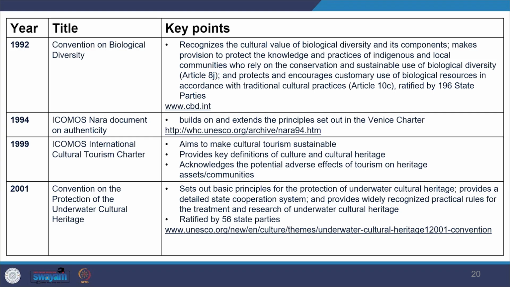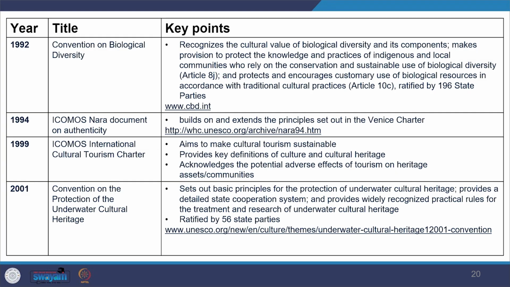It also intends to protect and encourage customary use of biological resources in accordance with traditional cultural practices. It has been ratified by 196 state parties, and India is also signatory to this.